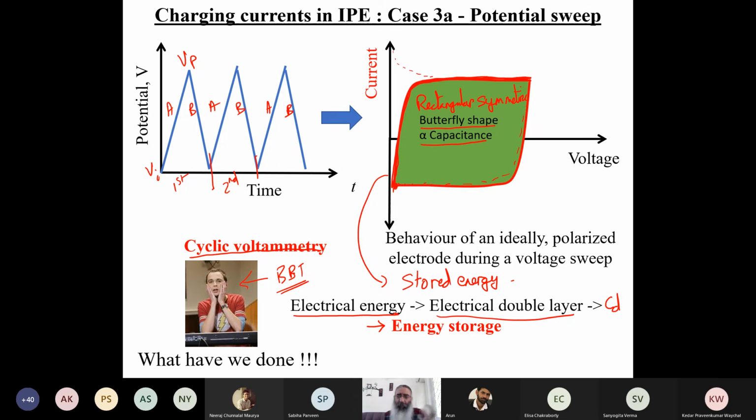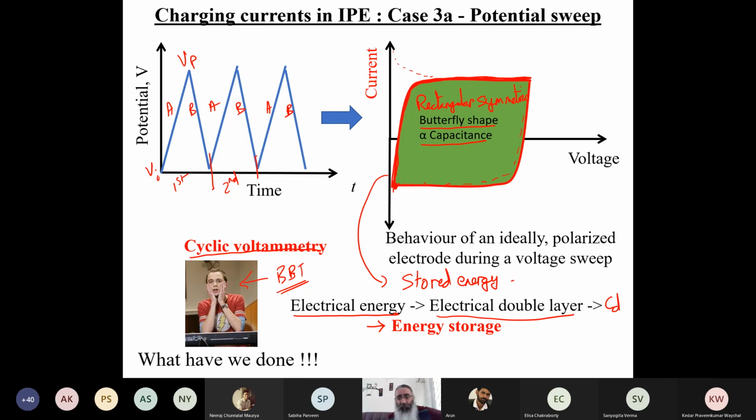It takes in the external energy in the form of electrical energy and stores it in the form of electrical double layer. Whether it stores a meaningful amount of energy, whether it can store as much energy as a battery can, no, that is a different question. But conceptually, it can store electrical energy in the form of double layer for us at the interface.